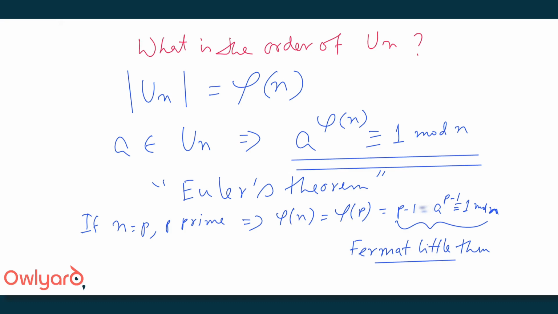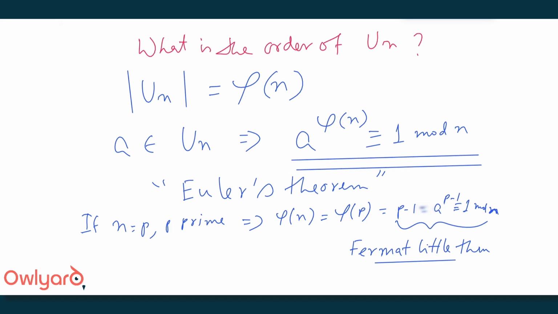The group of units itself is not necessarily cyclic, it's an abelian group. I can take any member from that group and construct a cyclic subgroup, then use Lagrange's theorem to say that the order of that cyclic subgroup must divide the order of the group of units, and that gives me Euler's theorem.